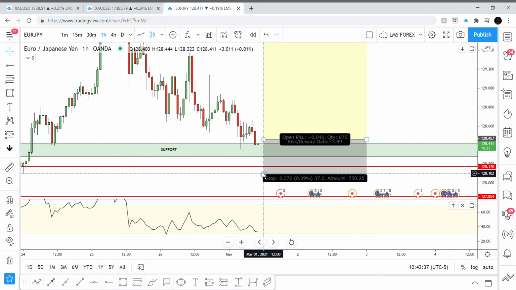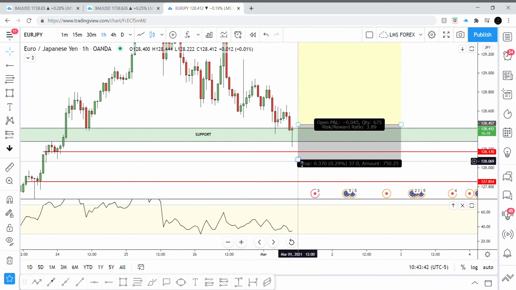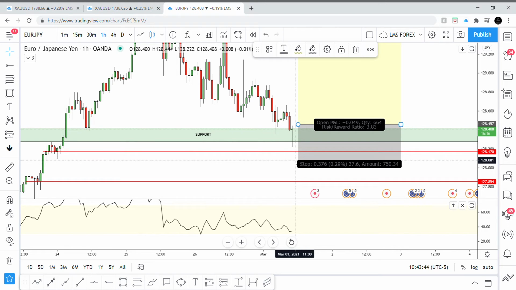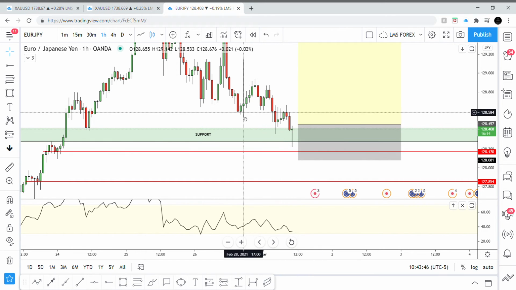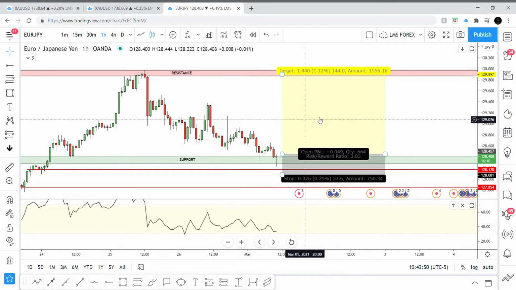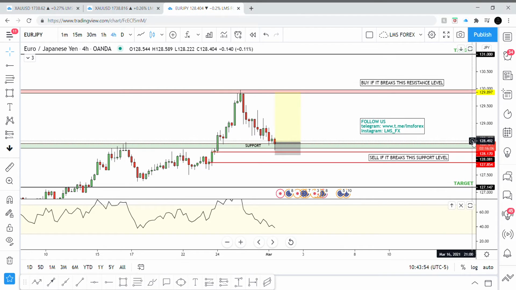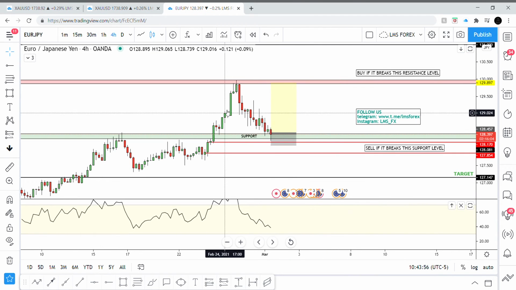I will put my stops below the previous support level, which is around here, and then I will target again this previous level of resistance. You know, because sometimes you've got to think of this. If the price really wants to reverse a whole trend, it's just not going to do it with one peak.